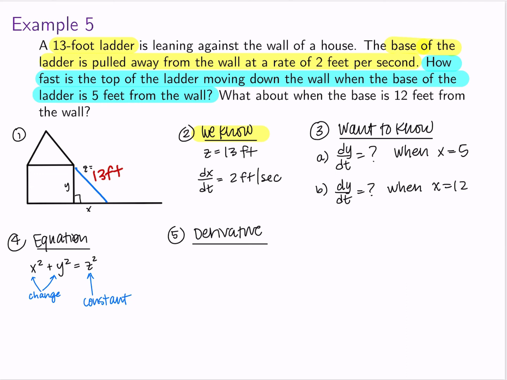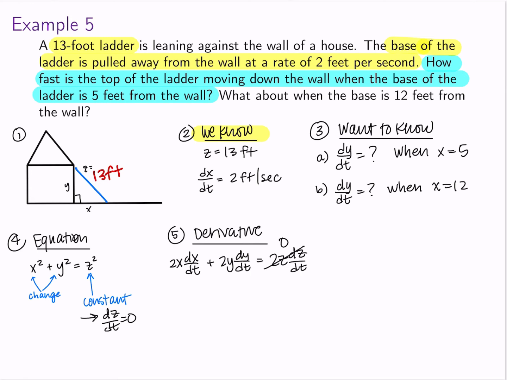Okay. So let's just start on the left. The derivative of x squared with respect to time will be 2x dx/dt. y squared will be 2y dy/dt. And z squared, it's a constant. So remember, this tells me that dz/dt will be 0. So I can say this is 2z dz/dt, but I know this is eventually just going to go to 0 because of that dz/dt.